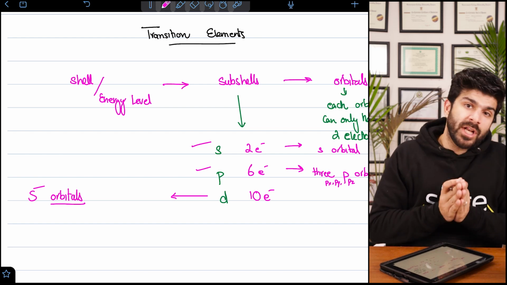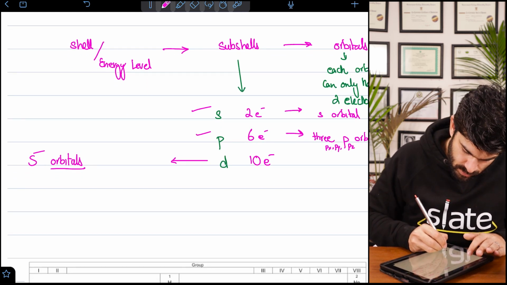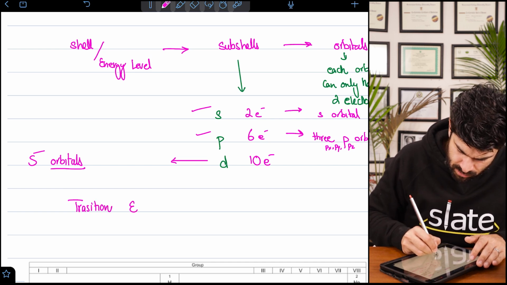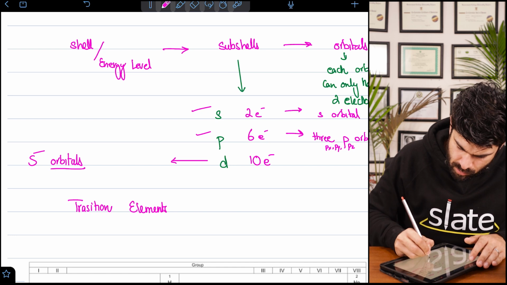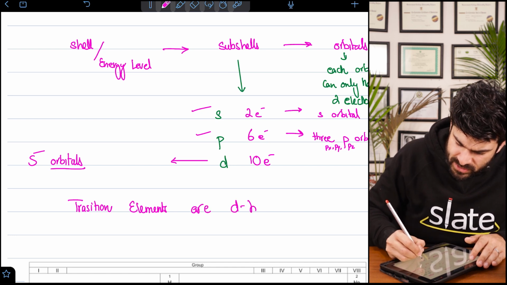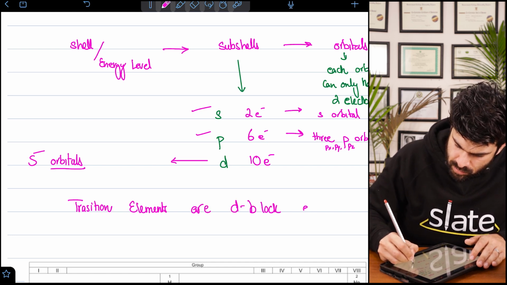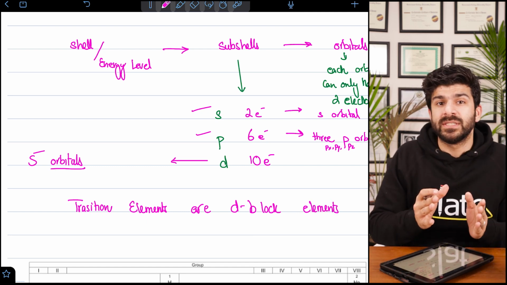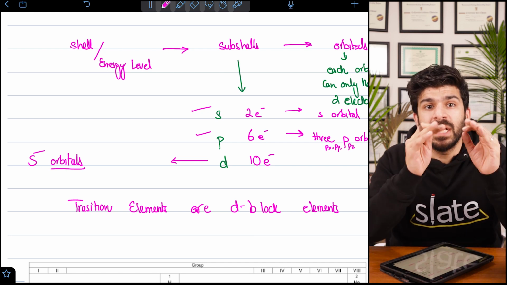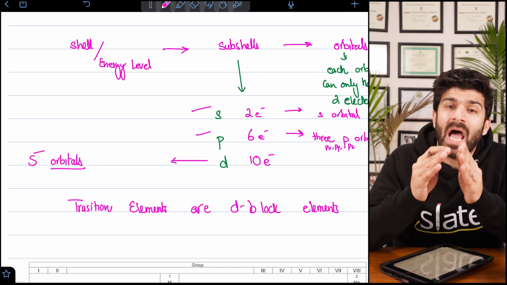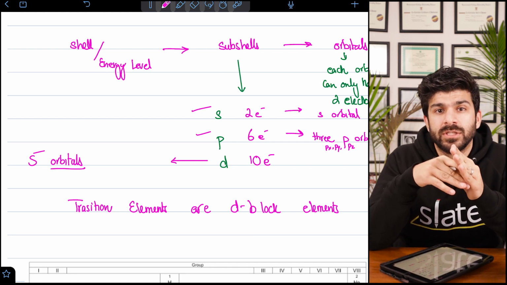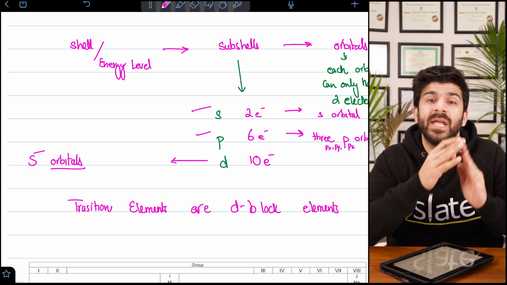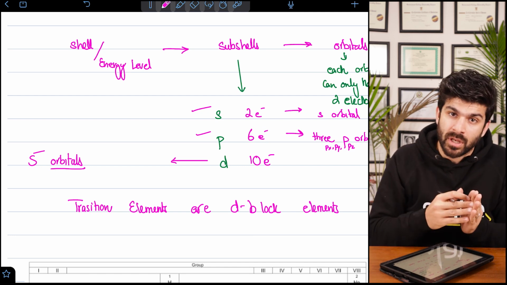So what are transition elements? Transition elements are D block elements. Now, what does D block mean? That all the D block elements will have the valence subshell that will be a D subshell. Like, these are named depending on the valence subshell.